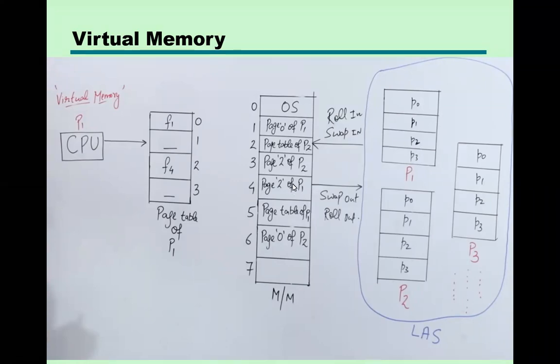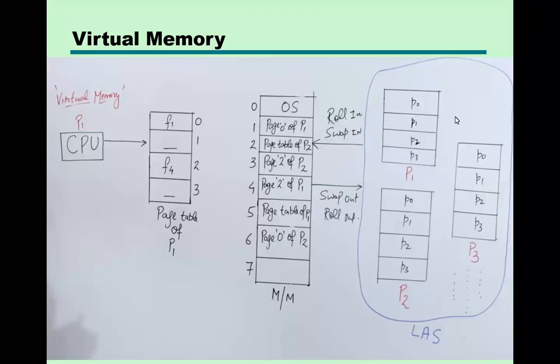And moving a page from main memory to the logical address space, or hard disk, is a swap out or roll out. So swap in, swap out, or you can say it is page replacement.